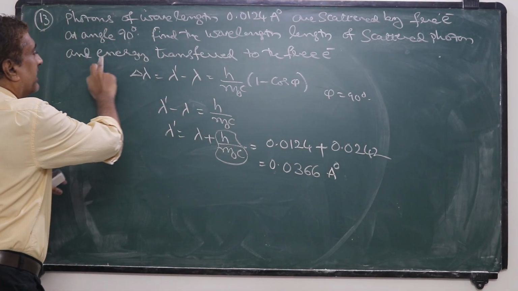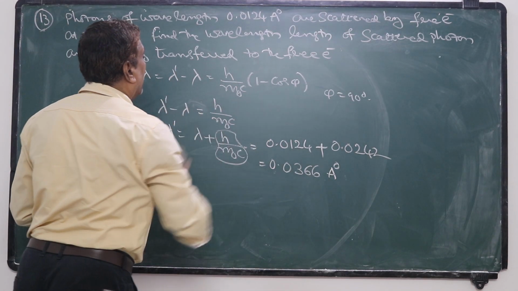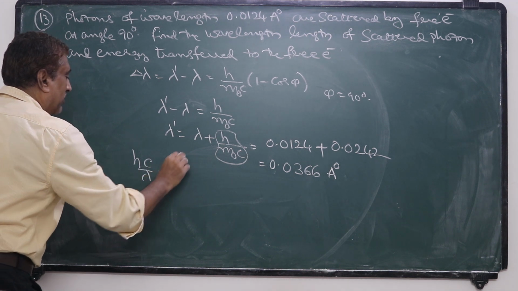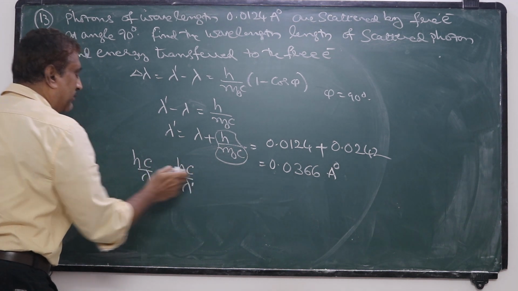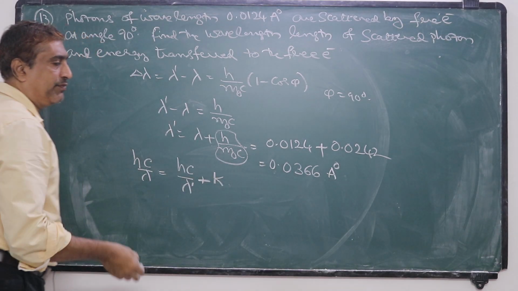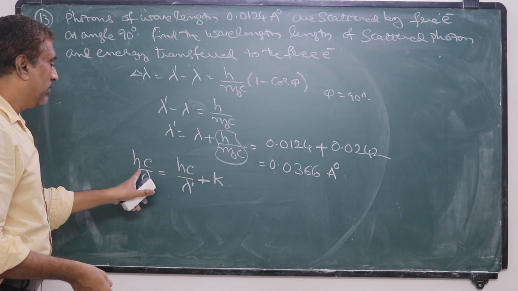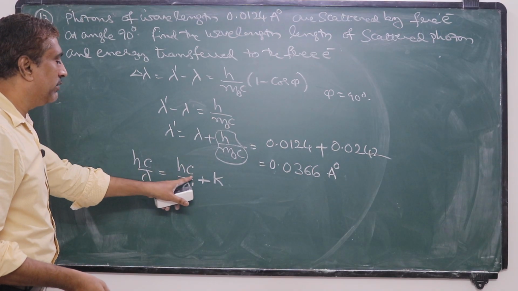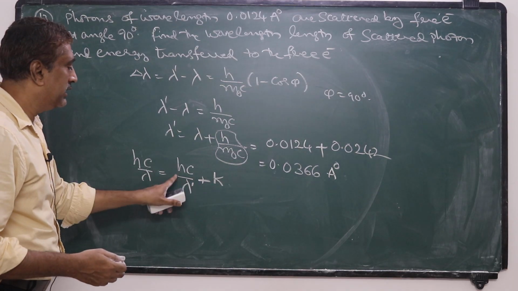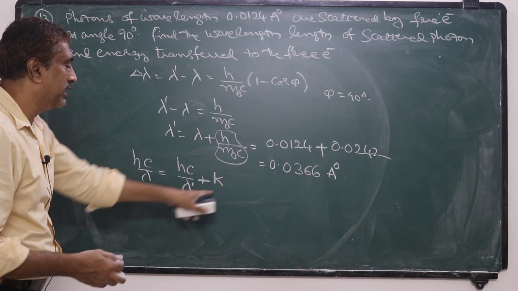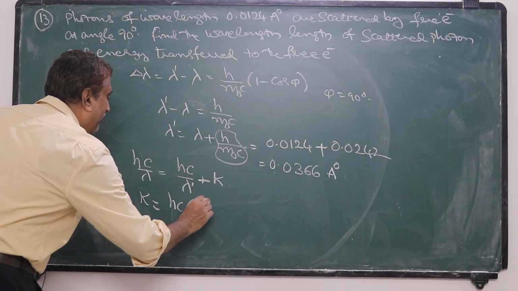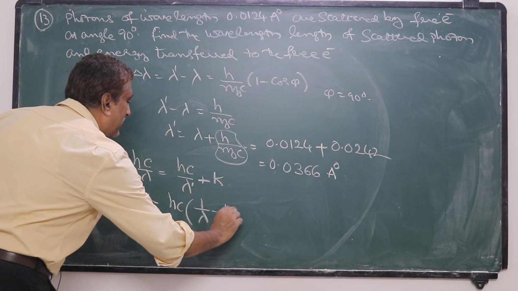Now we have to calculate the energy transferred to the electron. The incident energy hc by lambda is equal to hc by lambda dash plus the kinetic energy of the electron. So the incident energy is distributed between the electron and the scattered photon. We can directly write K is equal to hc into 1 by lambda minus 1 by lambda dash.